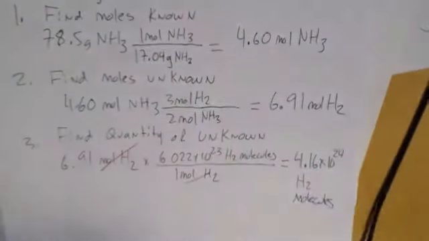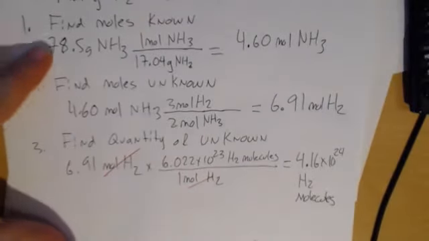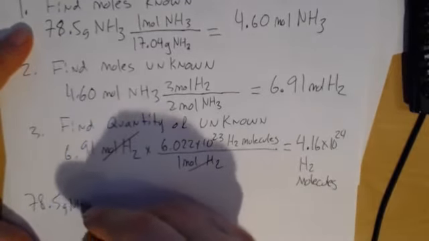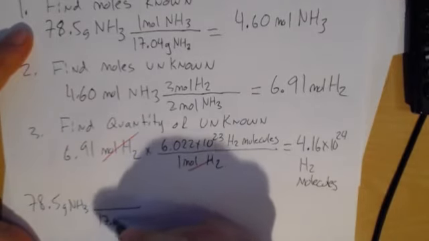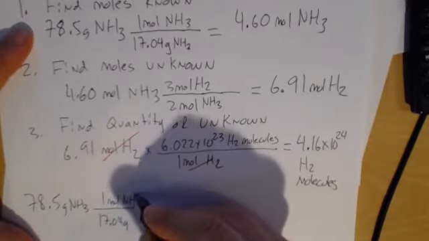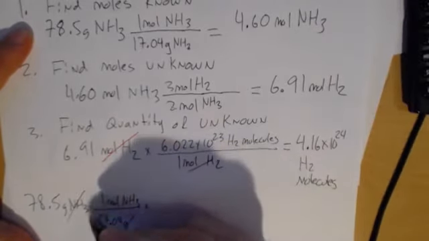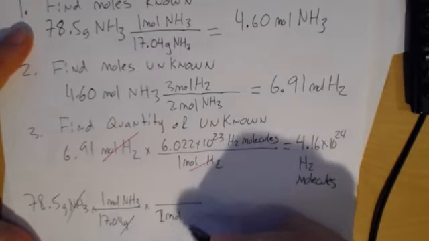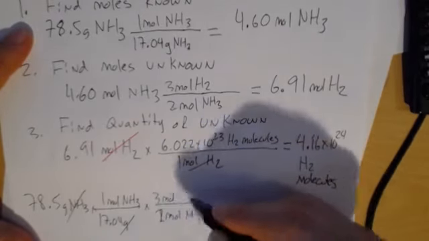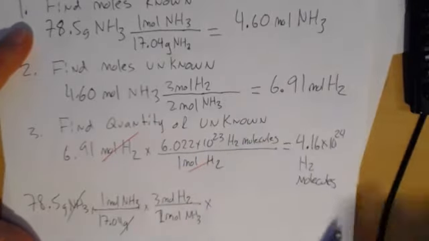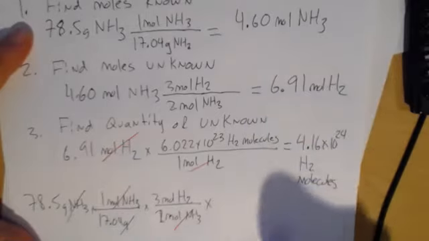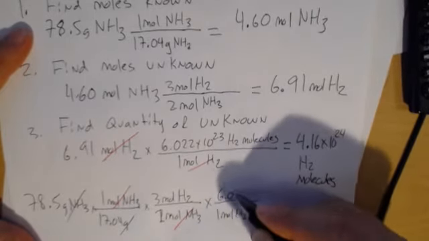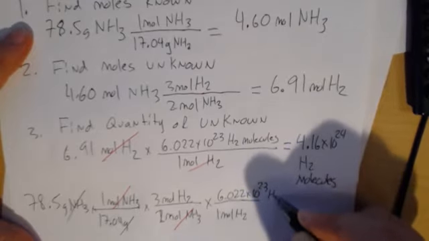And let me just show, I want to put this all together because we're going to take 78.5 grams of ammonia times 17.04 grams over 1 mole of ammonia, grams cancel, times counting operation, 2 moles of ammonia, 3 moles of hydrogen, moles of ammonia cancel, times 1 mole of hydrogen, 6.022 times 10 to the 23 hydrogens, right?